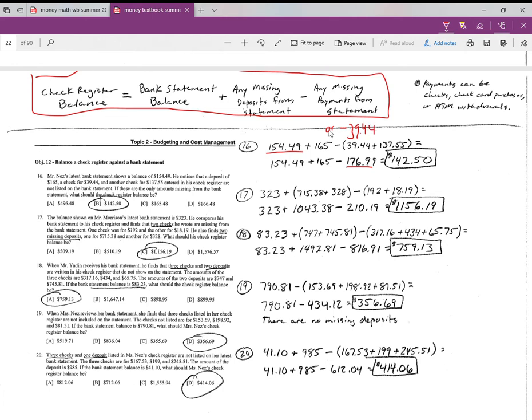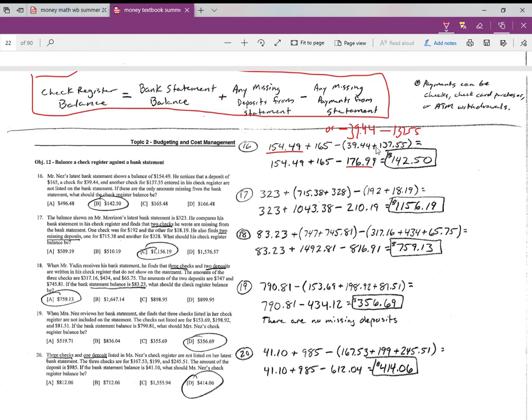So you could say, and it's hard to see here, that's a minus 39.44 minus 137.55. Okay, so that's the two. You could go 154.49 plus 165 minus 39.44 minus 137.55.